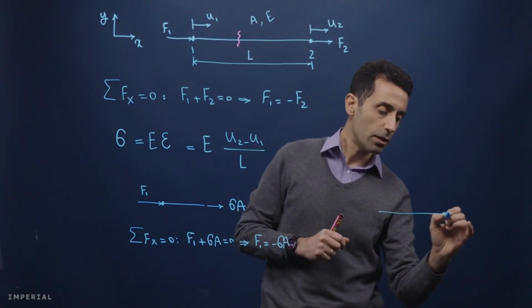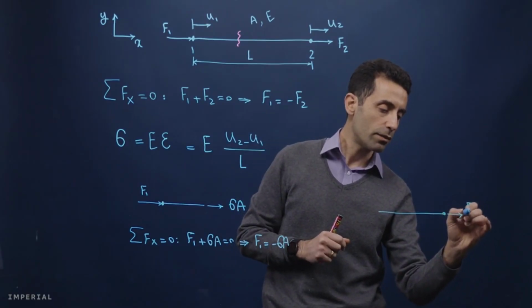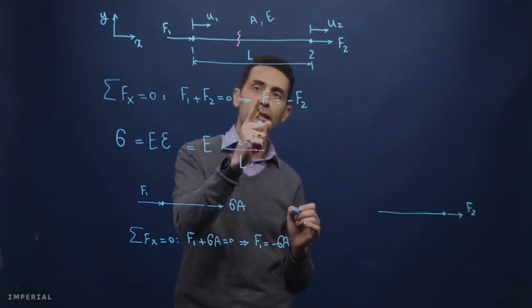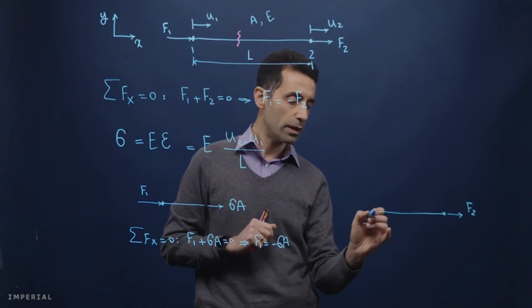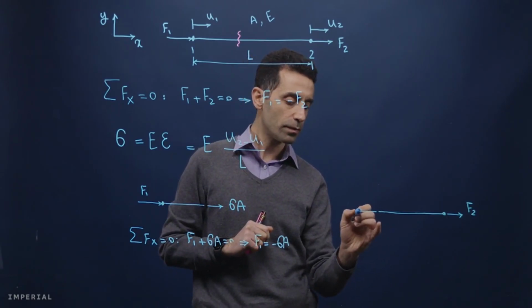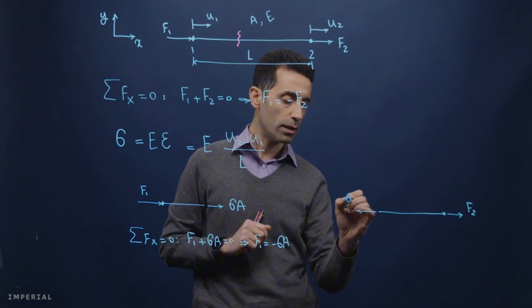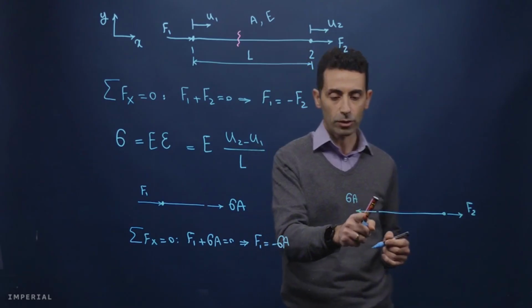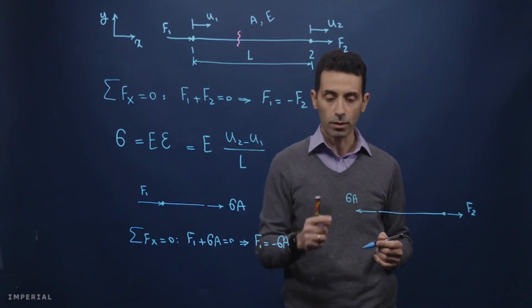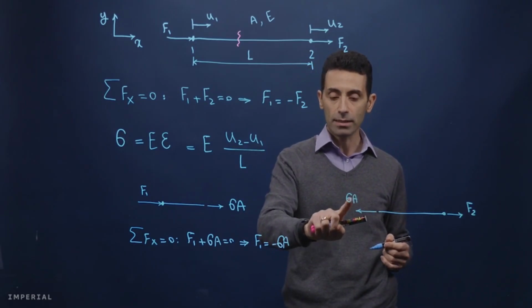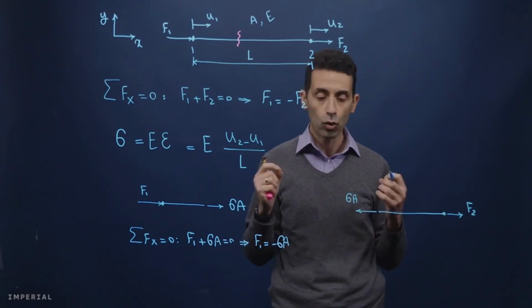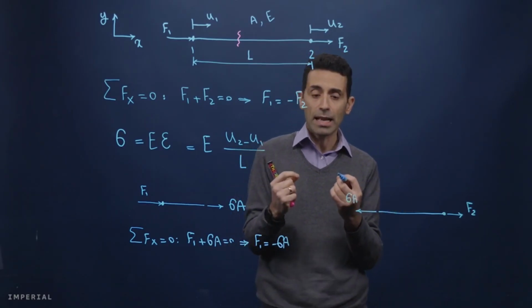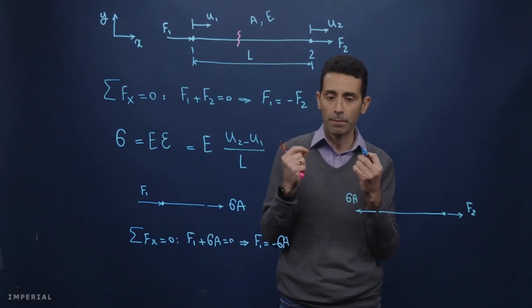We have the external force, which is F2, and here we have the internal force, which is sigma A. Well, you may ask why here the direction of the force is opposite to this one. We are assuming that sigma is a normal stress and it has a positive value.